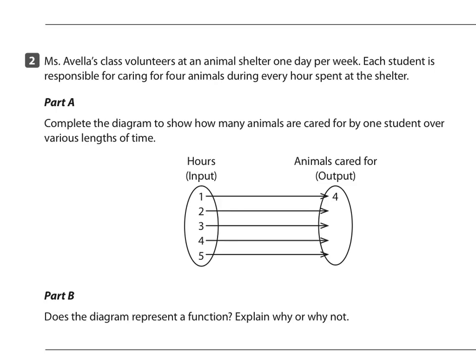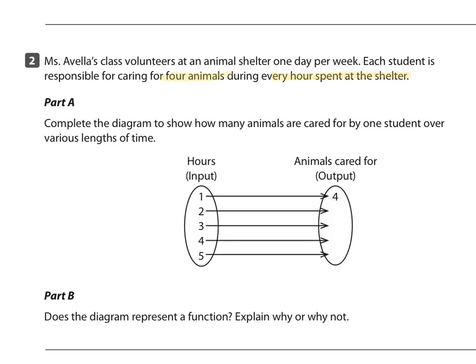Alright, for this problem, we know that a class is volunteering at an animal shelter. But the information that we need, it says each student is responsible for caring for 4 animals during every hour spent on the shelter. Okay, then it says complete the diagram to show how many animals are cared by one student over various lengths of time.